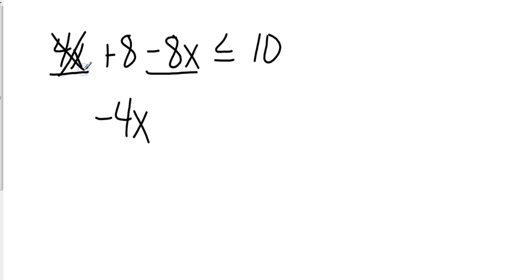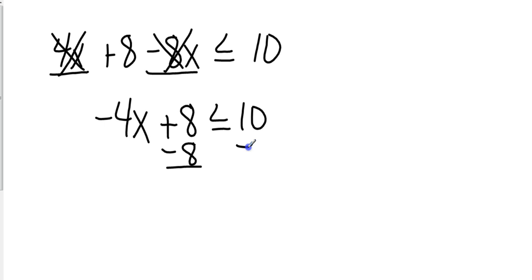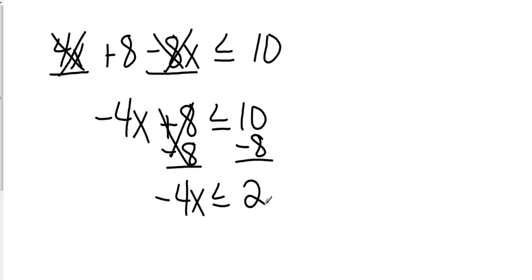Those are gone. Then I have my plus 8 less than or equal to 10. I want to subtract 8 from both sides. So I have negative 4x less than or equal to 2.